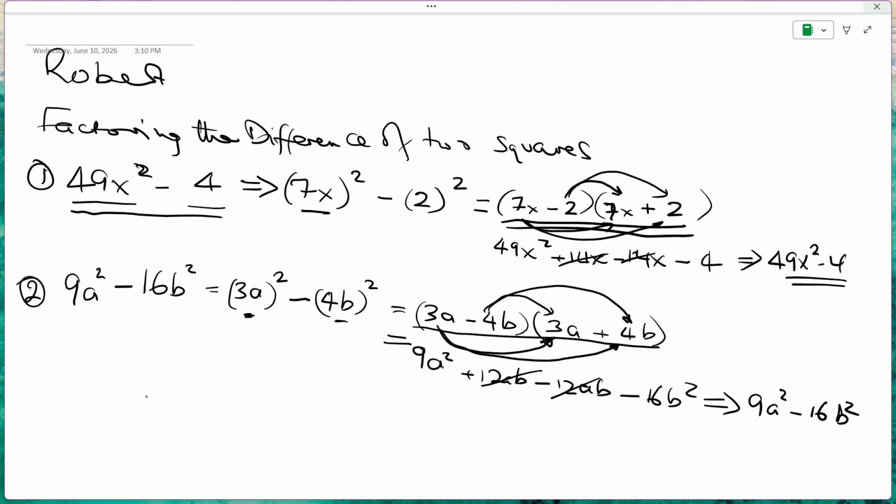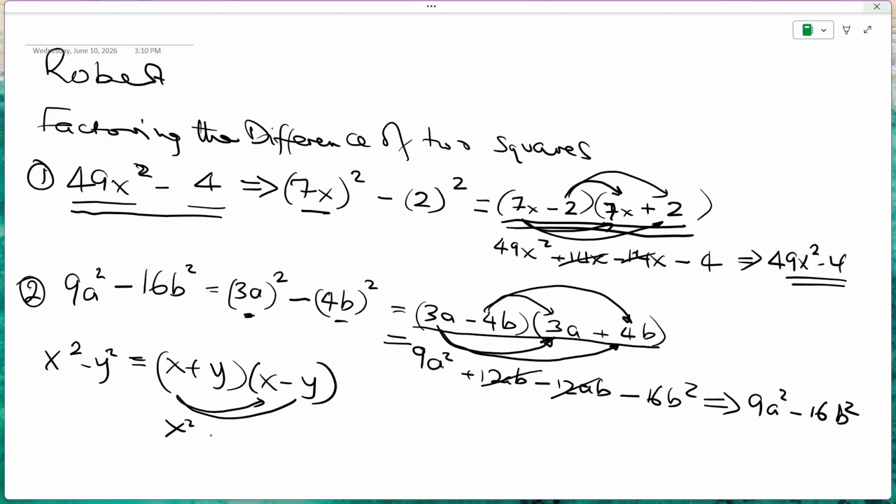Generally speaking, when you have a difference of squares, say x squared minus y squared, this is the same as saying x plus y times x minus y. And you can always prove that. We can always prove that by multiplying out. x times x will give us x squared. x times minus y will give us minus xy.